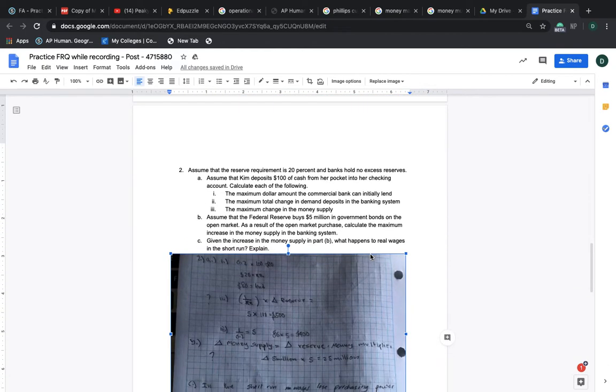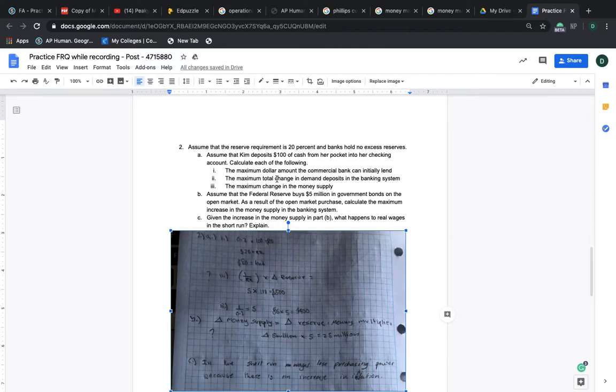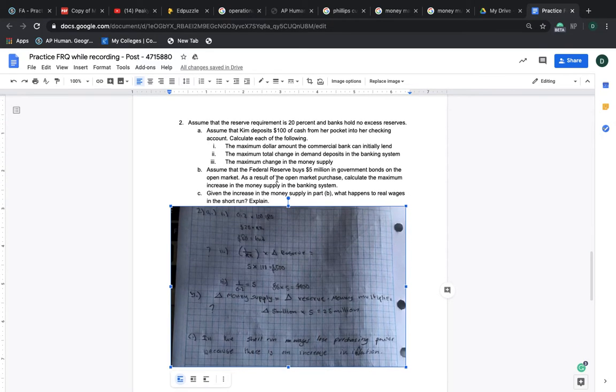Then going to question 2, it says assume that the reserve requirement is 20% and banks hold no excess reserve. So question A says assume Kim deposits $100 of cash from her pocket into her checking account. Calculate each of the following: the maximum dollar amount the commercial bank can initially lend.